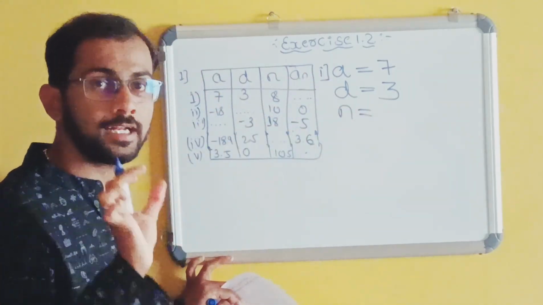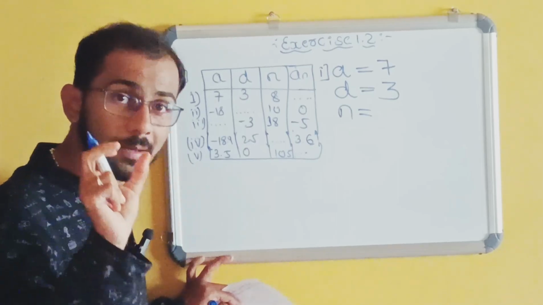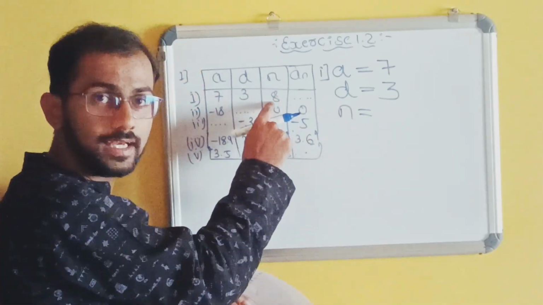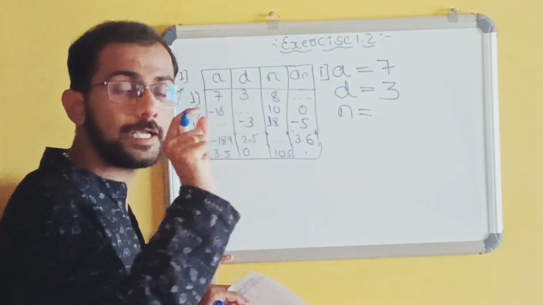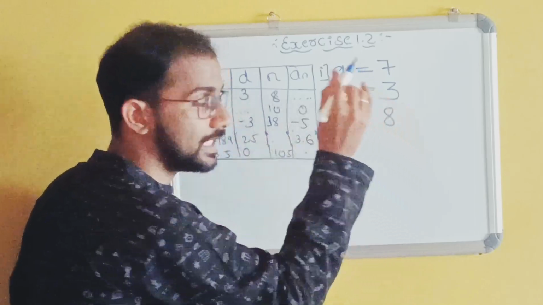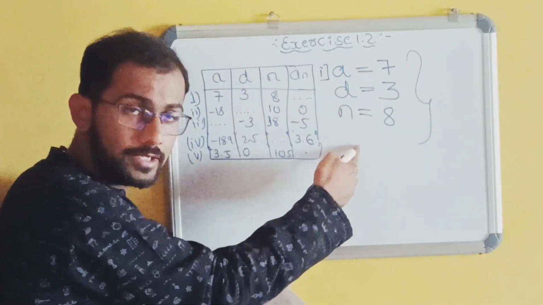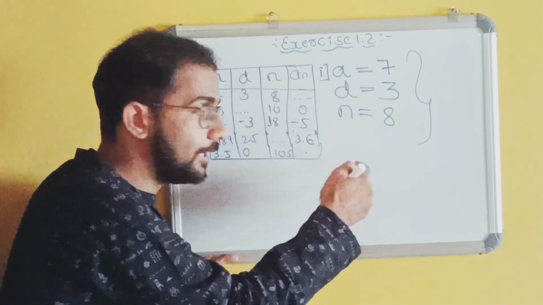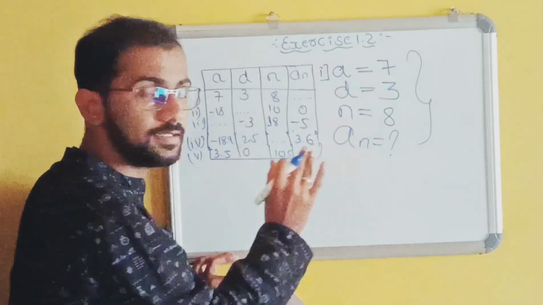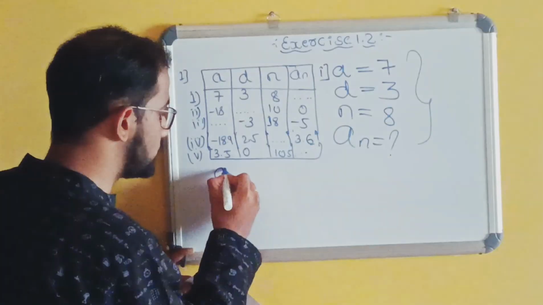In an arithmetic progression, the number of terms is given by the letter N. So here the given n is 8, which means there are 8 terms present in the sequence. Using this information, we need to calculate the value of an. So this is how we need to understand the question. Let's see how we have to solve.